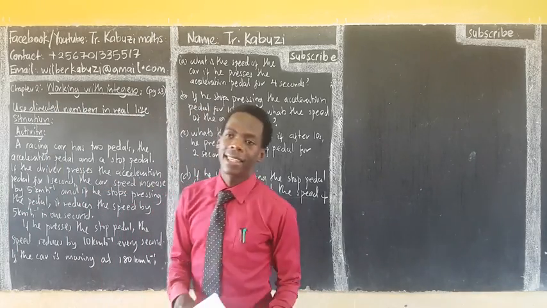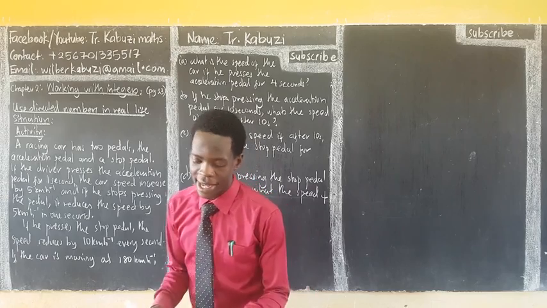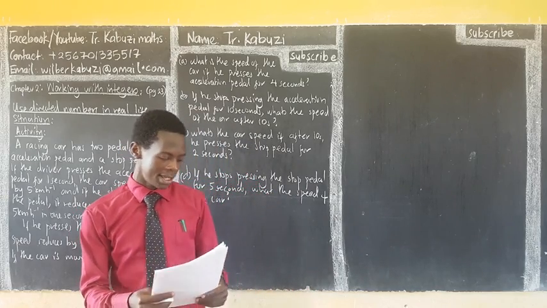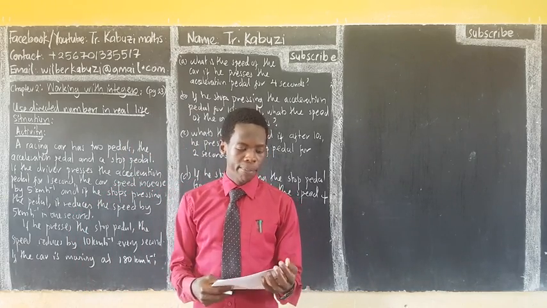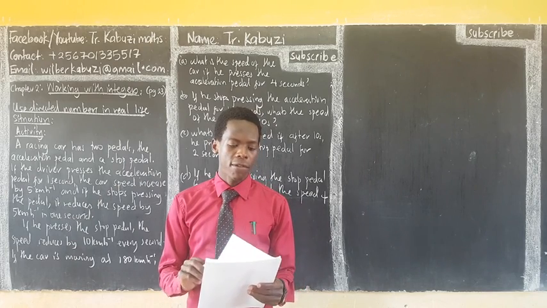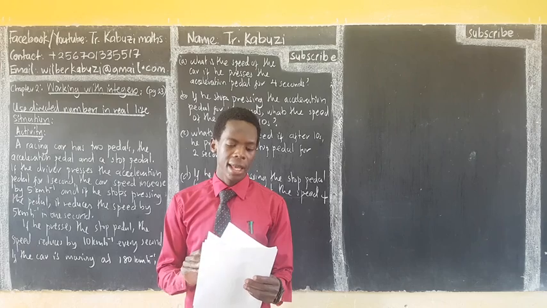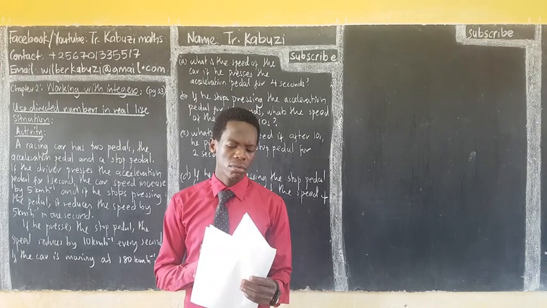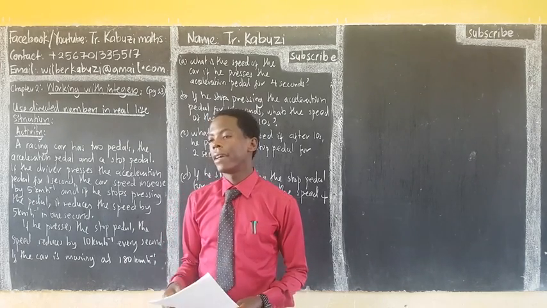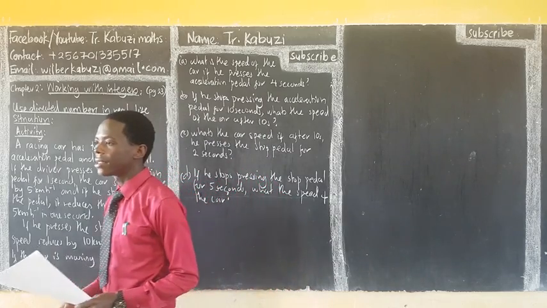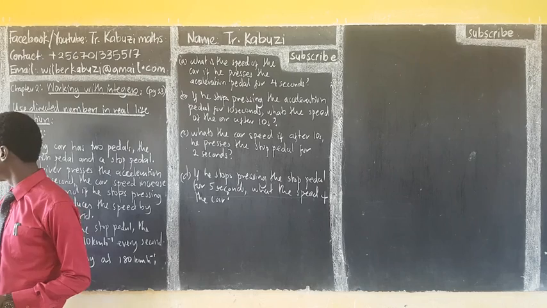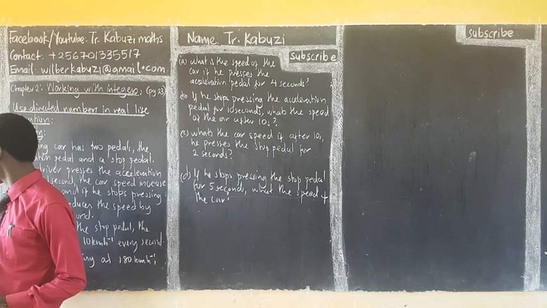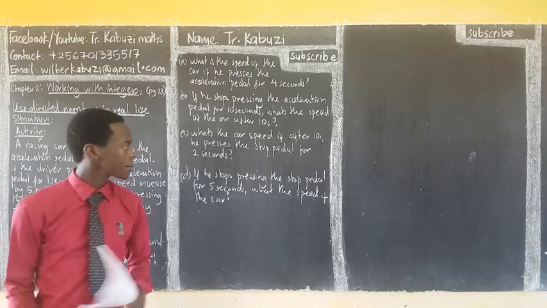Okay, the time has elapsed and these are the papers I've gathered. This one is group A, I have group C, and I have group D. The rest you can try to follow as we discuss.